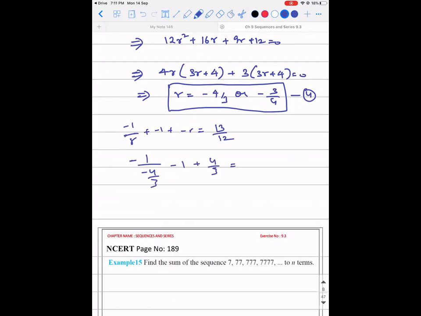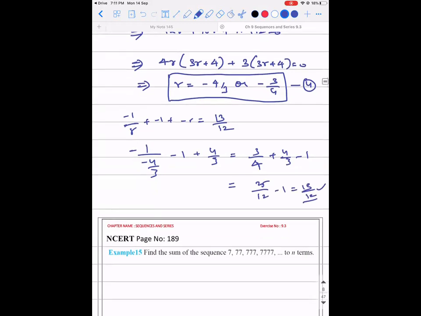It will be 3 by 4 plus 4 by 3 minus 1, that is 9 plus 16, 25 by 12 minus 1, that is 13 by 12. This is working. Minus 4 by 3 is working. So minus 1 divided by minus 3 by 4 minus 1. I think both should work.